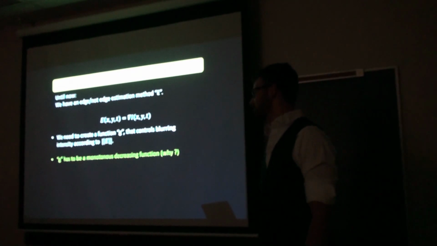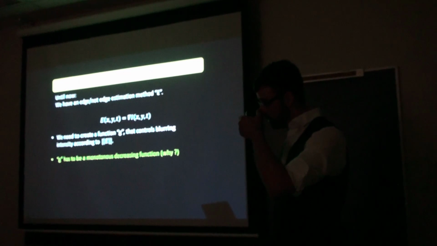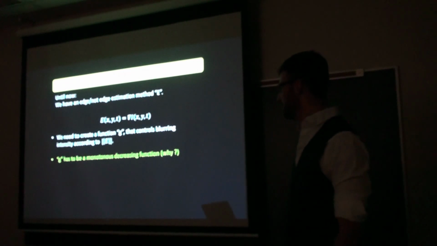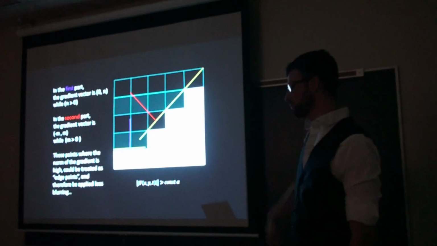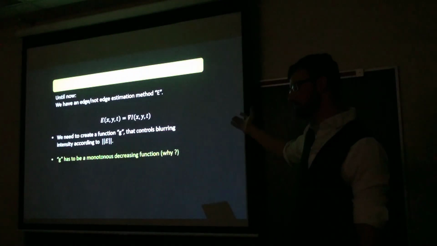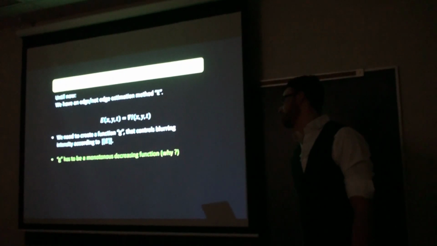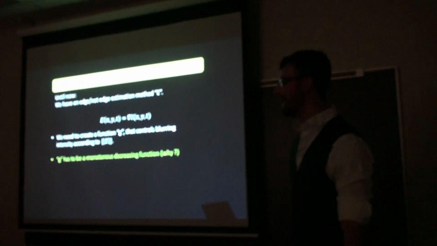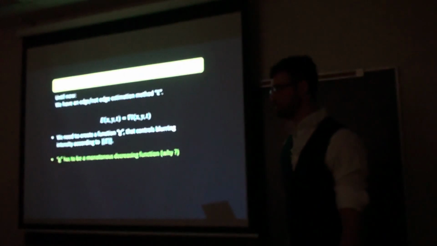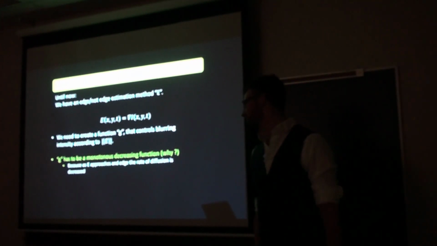We create a G function that controls the blurring intensity according to the norm of E, right? So if I find an edge, treat it less. E for edge, right? G has to be a monotonically decreasing function. Why? Because as E approaches the edge, the rate of diffusion is decreasing.